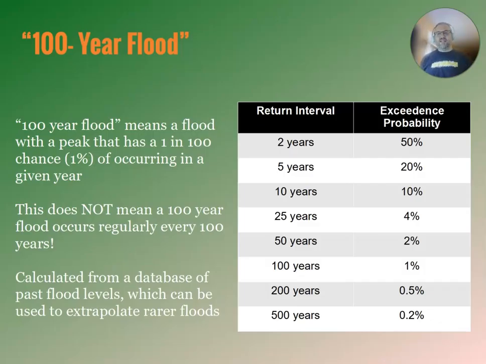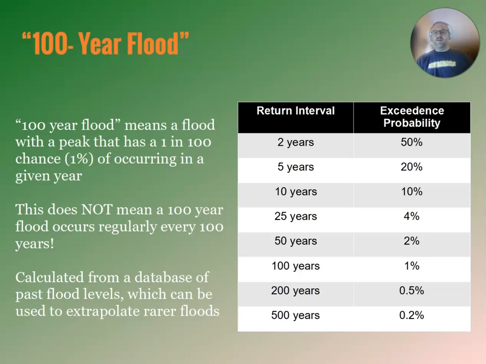That's a 50% exceedance probability. So you would get a flood at least that big. It's a 50-50 chance whether you get that in a given year. A 5-year flood has an exceedance probability of 20%, etc., all the way up to, on this chart I show, a 500-year flood, which means an exceedance probability of 0.2%.